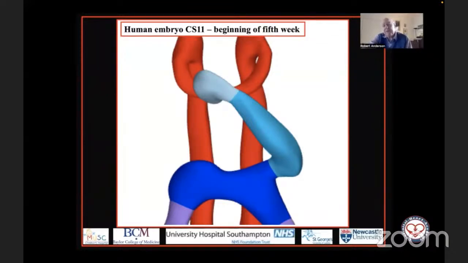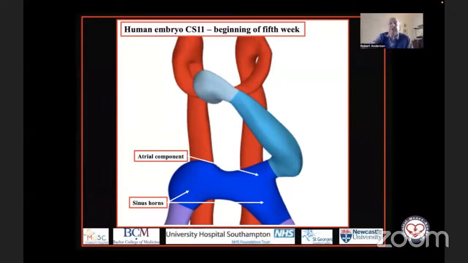And this is one of those interactive PDF files. And I've taken from the PDF files the sinus horns, where the venous tributaries are coming together at this stage. They are bilaterally symmetrical. And you'll remember from the previous description, where we discussed atrial development, this is the stage at which we can begin to see the formation of the atrial component of the developing heart.